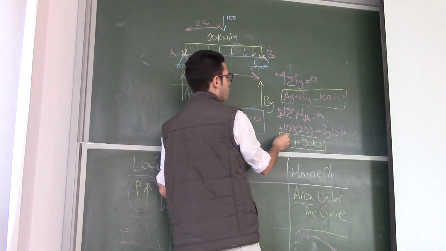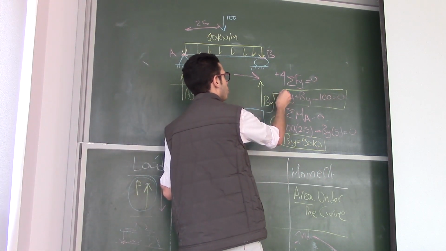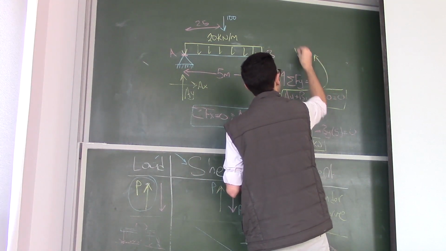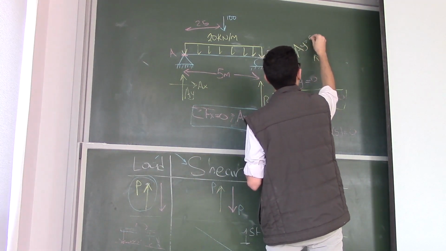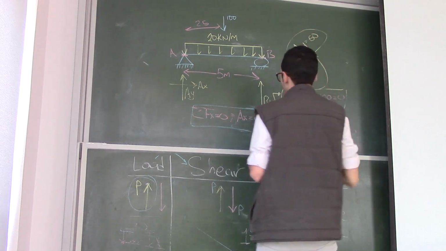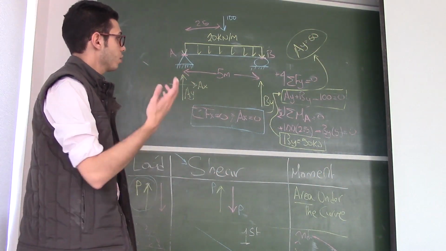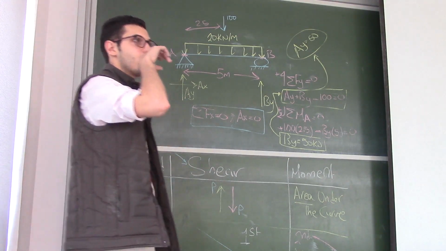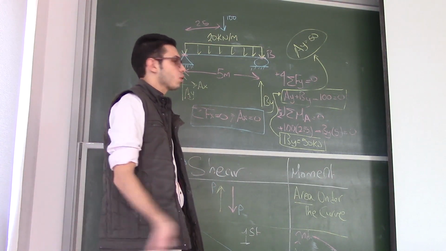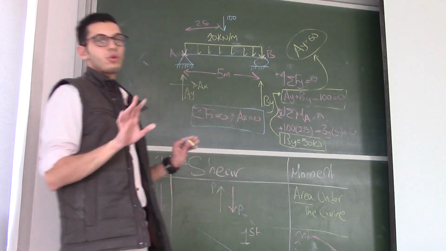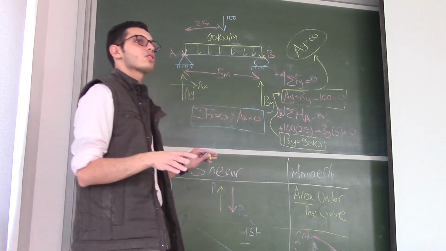Now, since we have BY, if we put it in the second equation, AY will be 50 again. So we find all the reactions. This step is normal for you, because we found a lot of reactions and they were harder than that. Up to this point, is there any question?